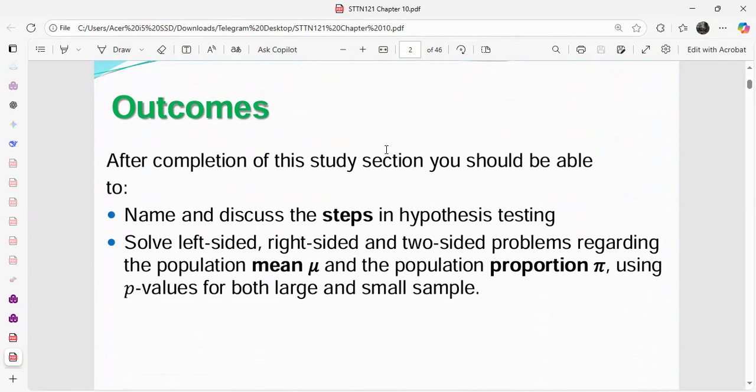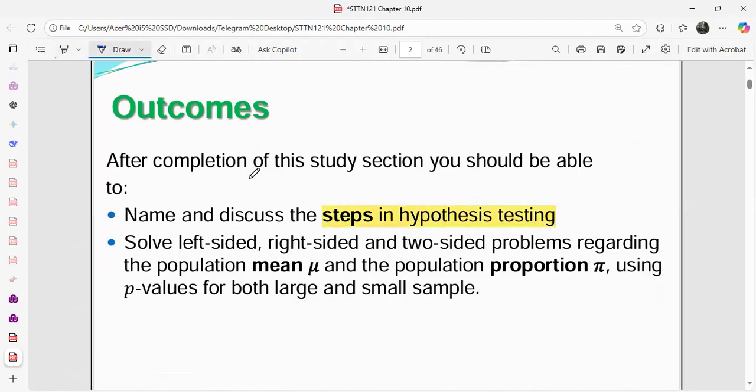Now the hypothesis testing, guys, we have the steps that you need to follow under the hypothesis testing. Remember, this is number one. Number two, you need to check if the statement that you are given is talking about left-sided, right-sided, or two-sided.